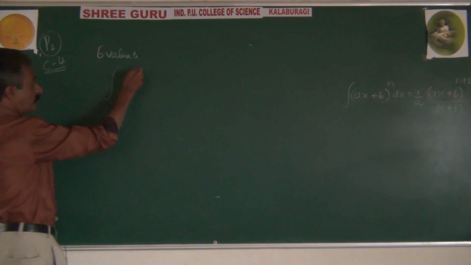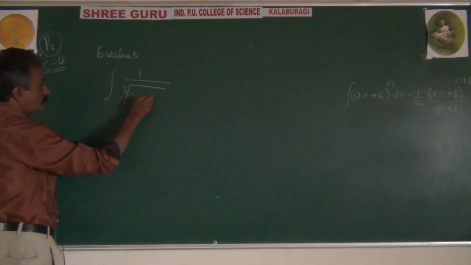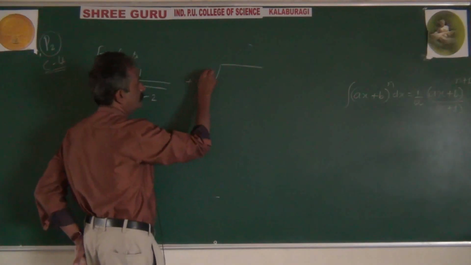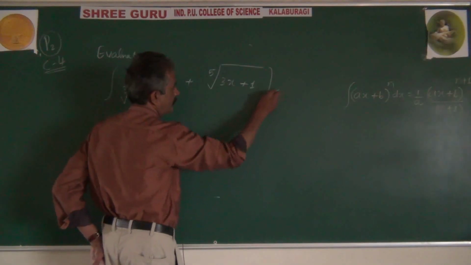Integration of 1 divided by the cube root of (x minus 2) plus the fifth root of (3x plus 1) dx.